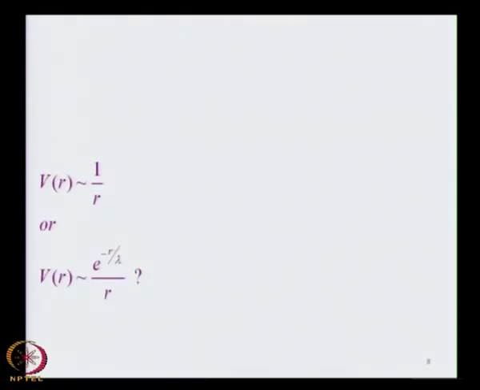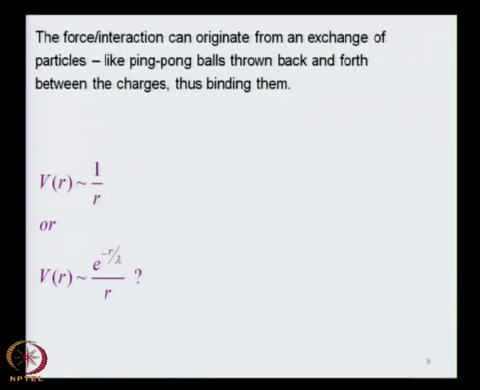So, this is the question we are addressing, and let us analyze this question, because this goes into the heart of the Coulomb's law. We must recognize that if there is an interaction between two charges, then this interaction is mediated by some carriers, because otherwise how will this interaction take place?